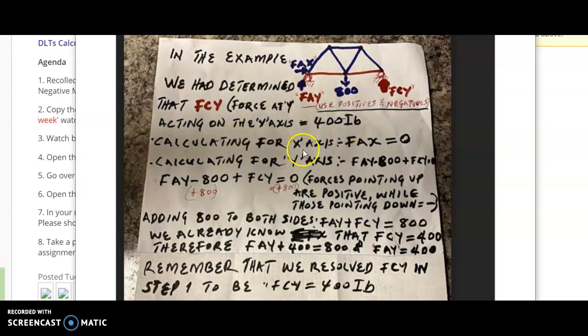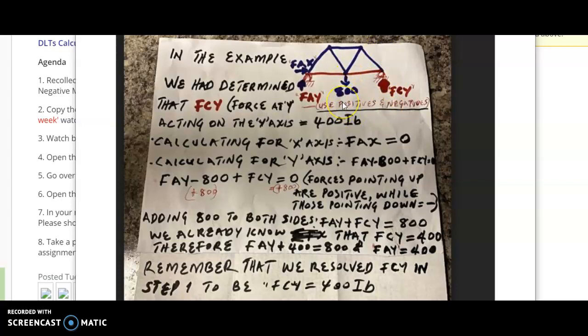Anything going down from the central line is negative, right? So calculating for things on the x-axis. Now I think we do the y-axis first. On the y-axis, this FCY is acting up and down. It tends to be going up, so it is positive, while the 800 is coming down, so that's negative.